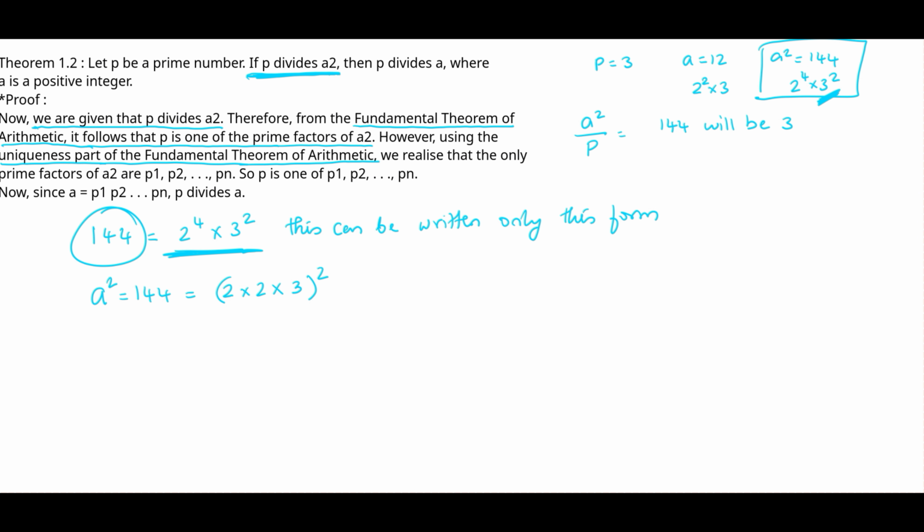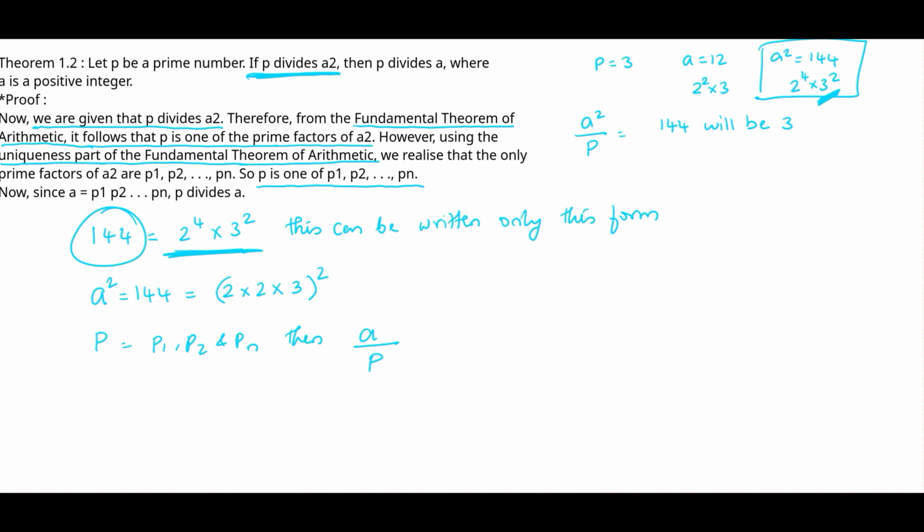Okay, so then we have p as one of p1, p2, up to pn. Therefore, as per the theorem, a will also be divisible by p. Therefore, a will also be divisible by 3. This is the meaning of this particular theorem.